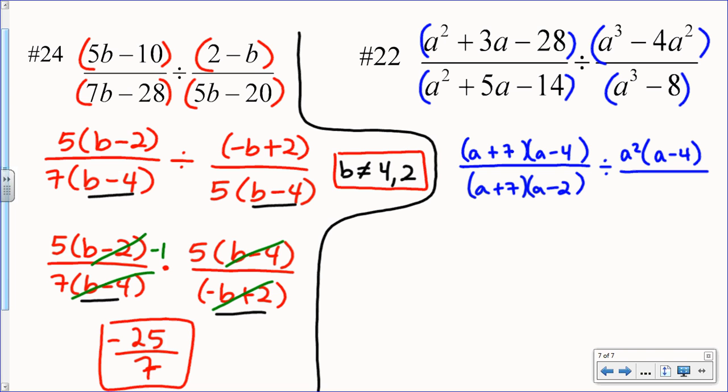Note that you have difference of cubes here. So you have to factor using difference of cubes in this bottom right one. Hold up and make sure you're there. I'll let you get a chance to write it out.